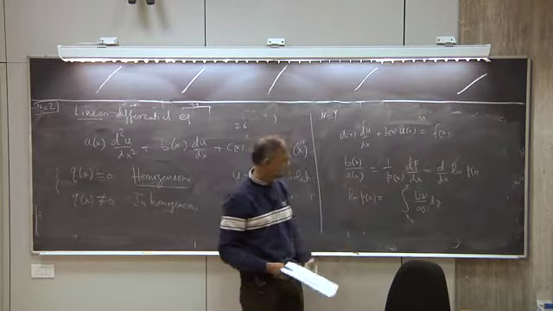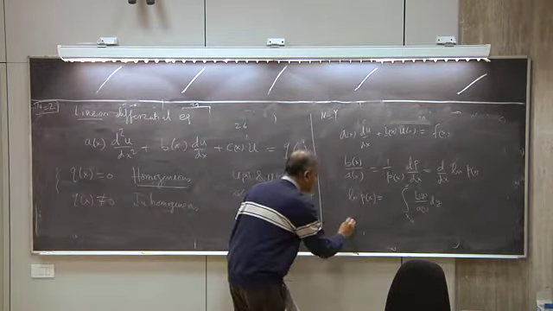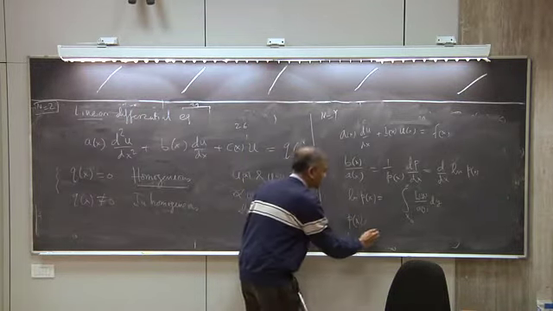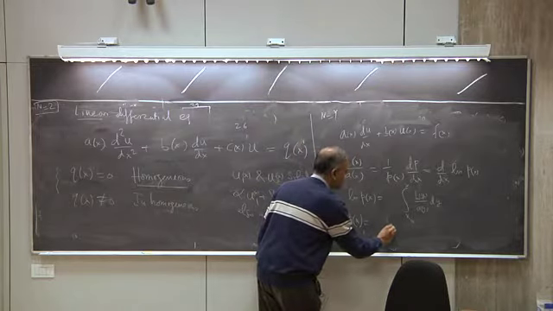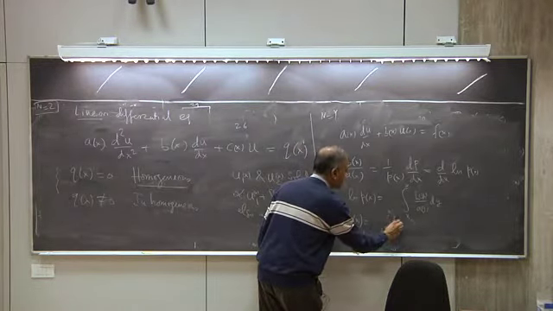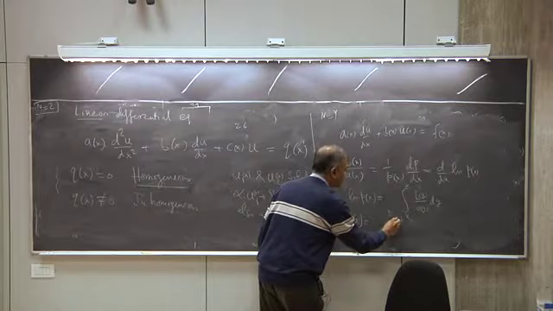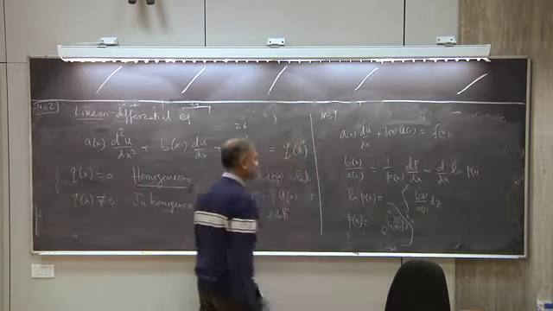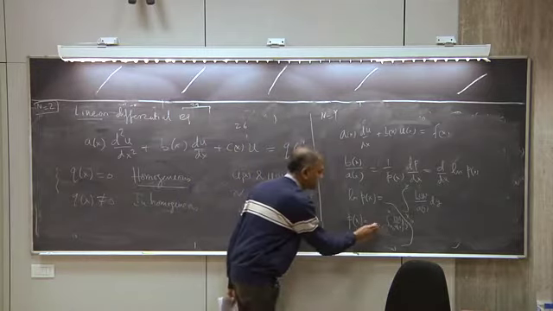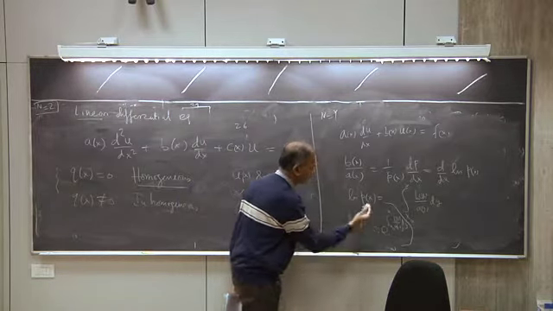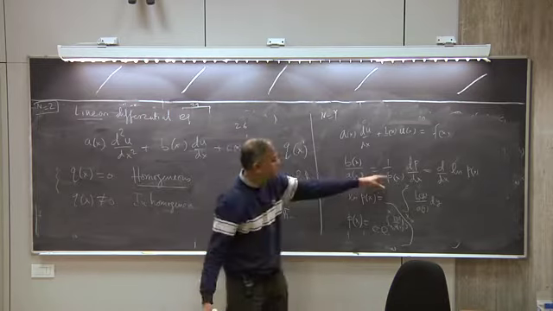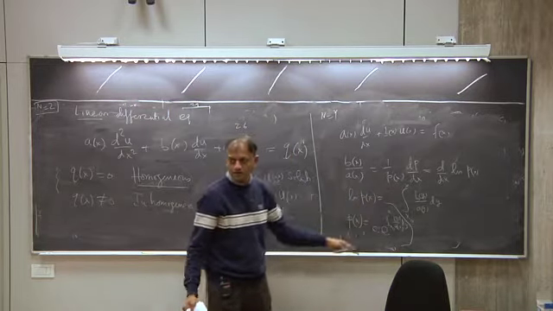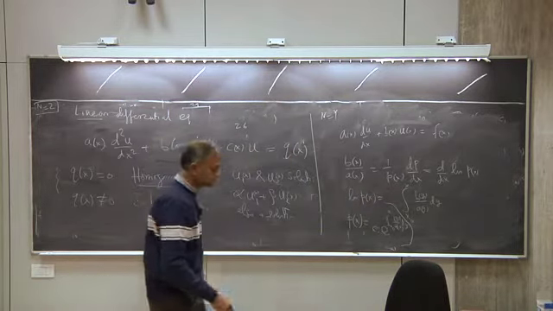So that's a solution. And therefore, p of x is the exponential of the integral from x naught to x of b over a dy, times any constant, because that constant anyway drops out. Any constant you can put, that will be a general solution.